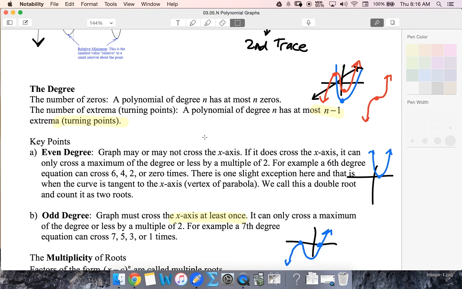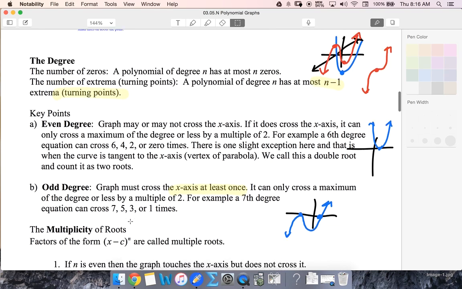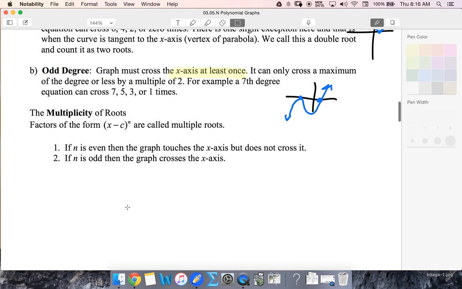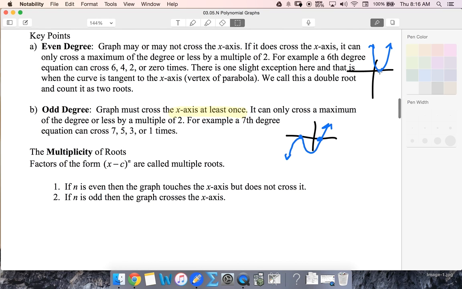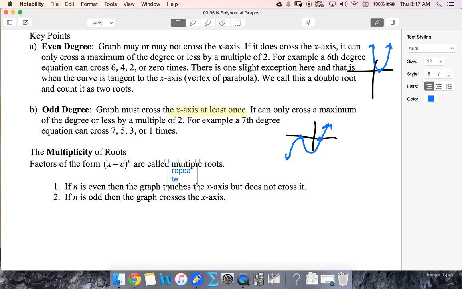I'm going to stop this video and come back to talk about the multiplicity of roots. Well, actually I'm not, because this is what we were just talking about here. So this is a double root, and it happens anytime I have a factor that's repeated. So this is also what you'll hear me call quite often a repeated root.